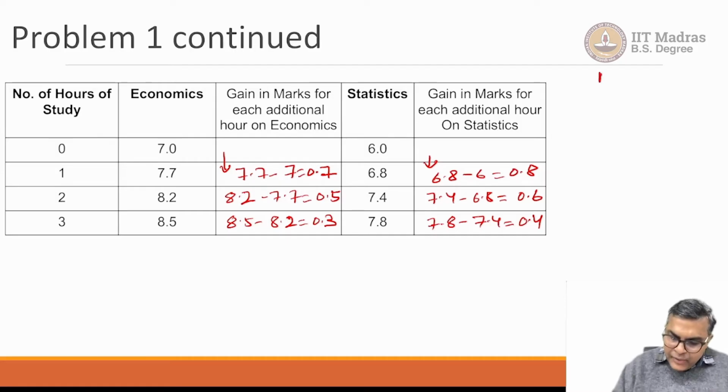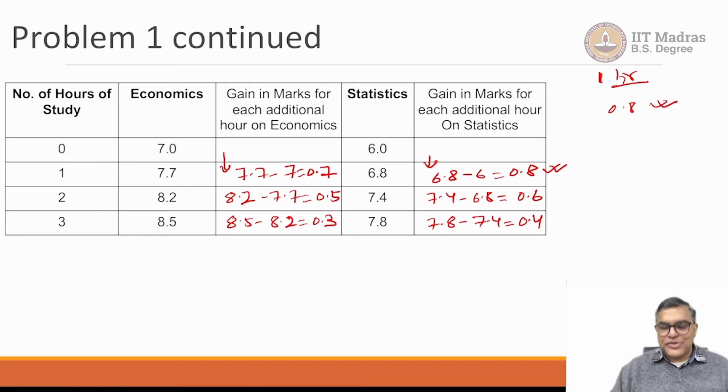If you have 1 hour, where should you give? The maximum gain is here, that's what you are getting. Studying 1 hour of stat, the first hour gives you 0.8 marks extra, and that you are not getting anywhere. So first hour you should definitely give to stat.